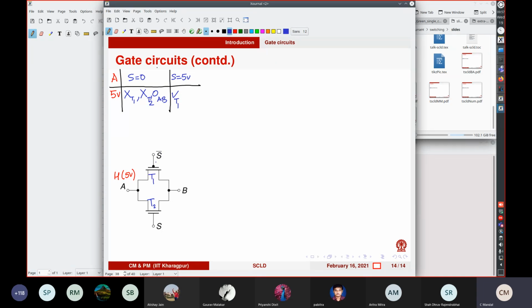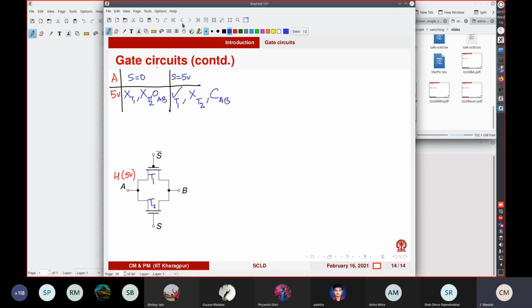But this PMOS is good at transmitting a high logic value, so this is okay. It is transmitting this. T2 is off. But because you have one of these paths, you have a closed circuit between A and B, right?